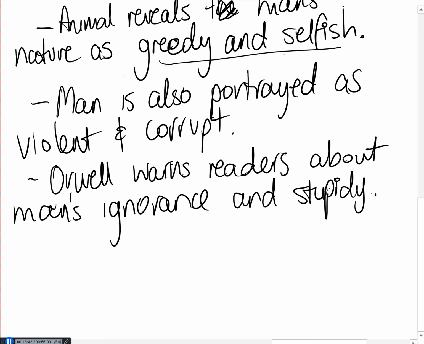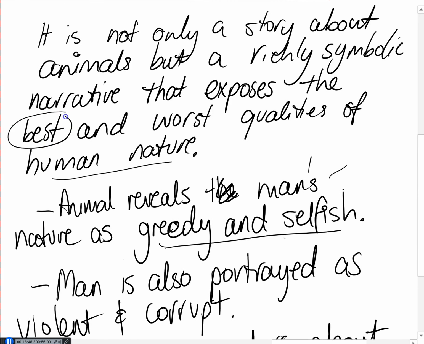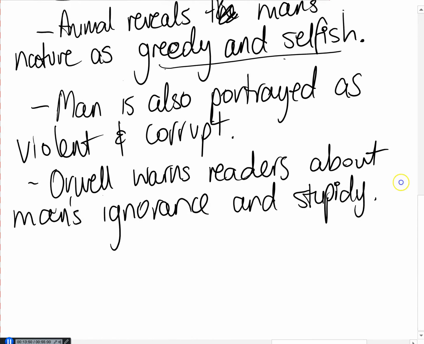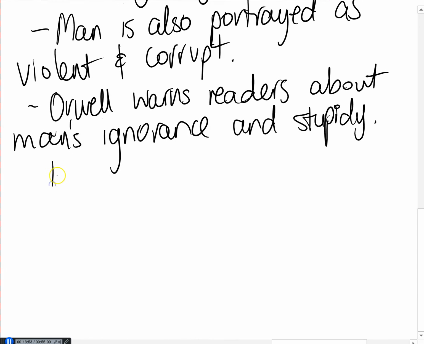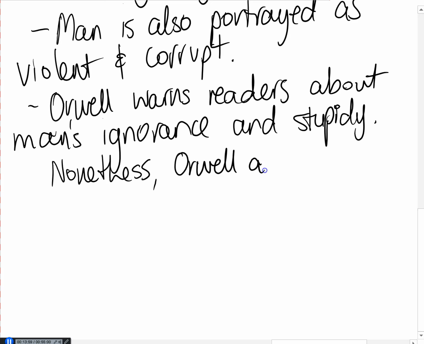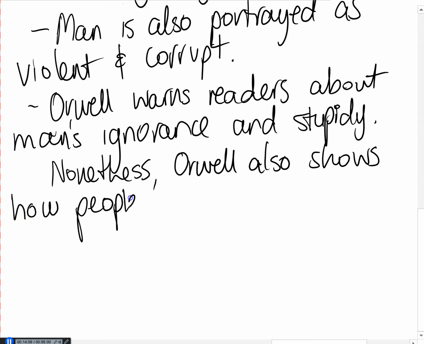Okay, I've got 3 points there, but if I wanted to, I could also start to think about what the best of humanity might be. Nonetheless, Orwell also shows how people have the capacity for kindness.